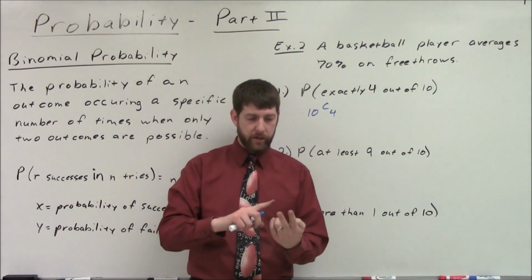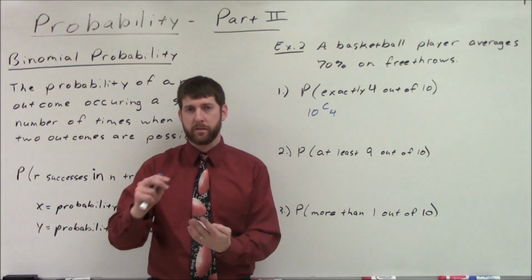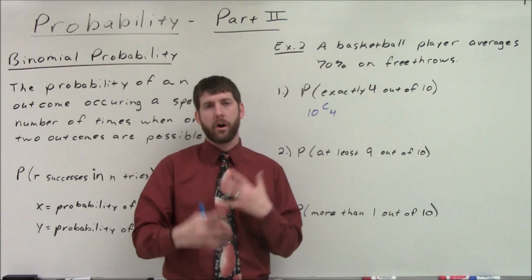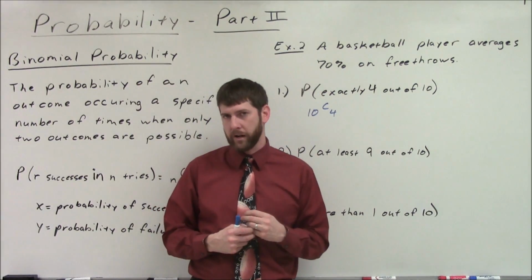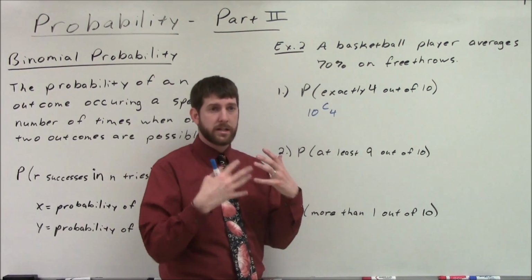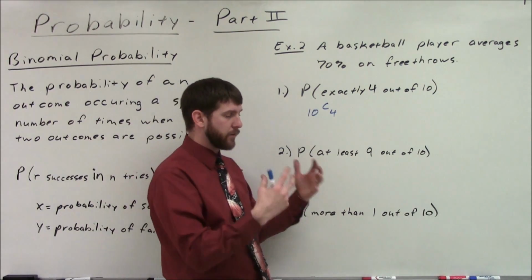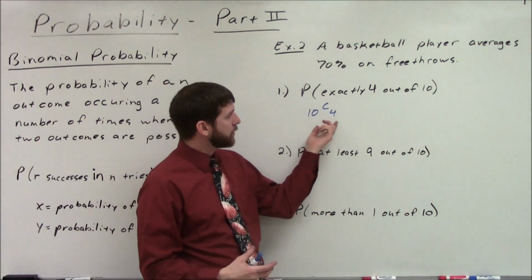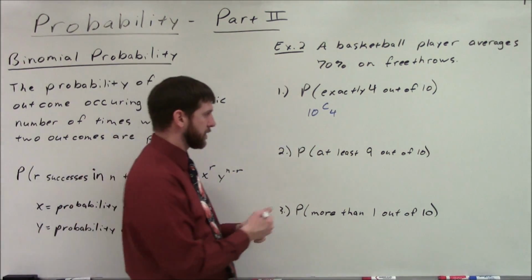Did he make 1, then miss 1, then make 1, then miss 1, and so on? So the 10C4 calculates all the different ways he could have got 4 out of 10 correct. Don't care about the order, we just care that there were 4 out of those 10 correct.